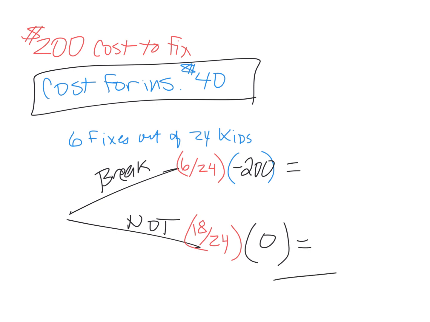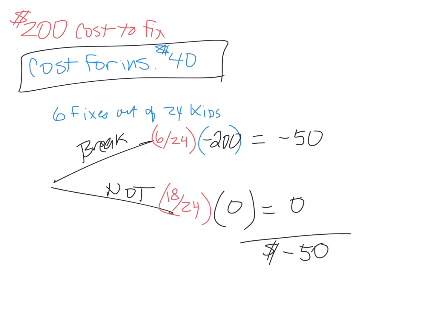Now do the math. P times A, then add it all up. Negative 50, and then times it by 0 just makes that 0. So overall, the risk to you is $50.